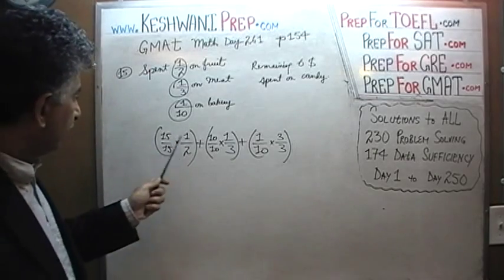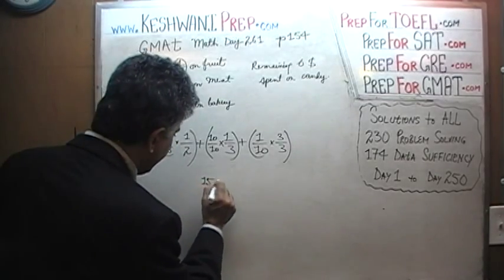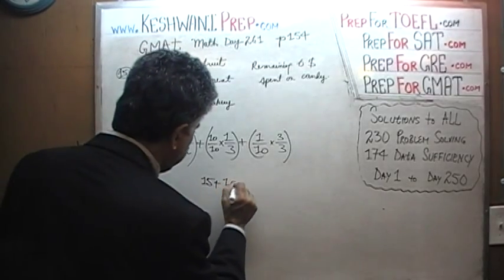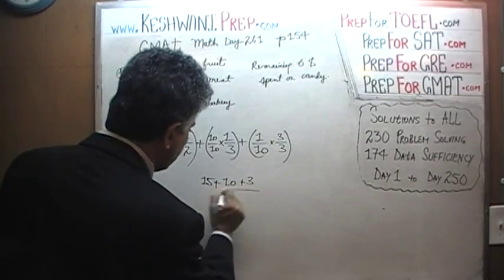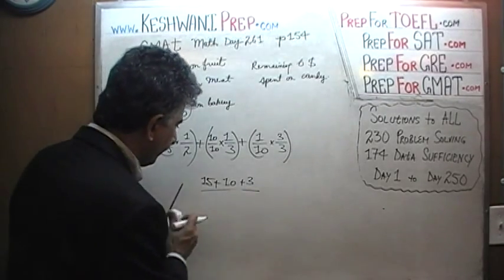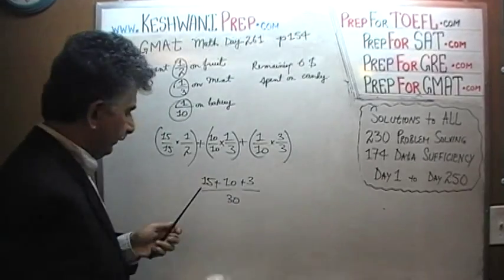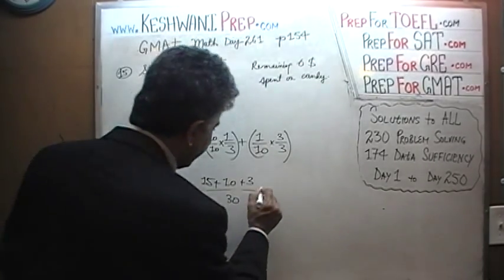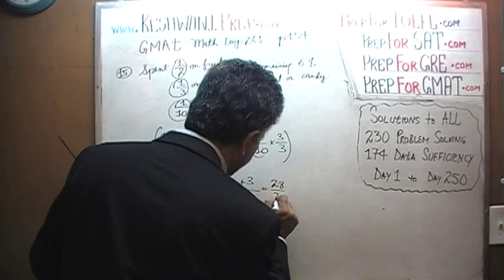So here we get 15 times 1, which is 15. Here we get 10, and here we're going to get 3 over 30, not 15. And that's 15 plus 10 plus 3, which is 28 over 30.